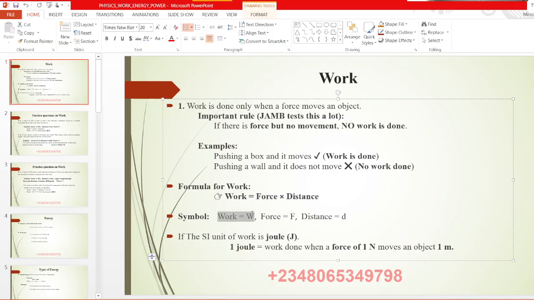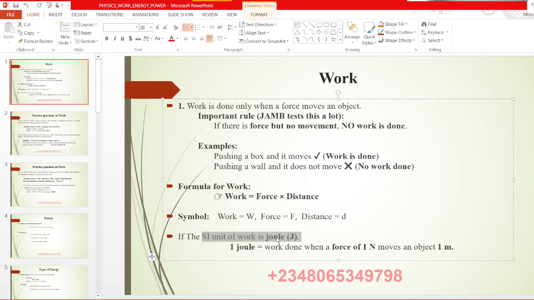The symbol for work is W, and the SI unit for work is joule. So if force is 1 Newton and the object moves in a direction of 1 meter, then 1 joule of work is done.